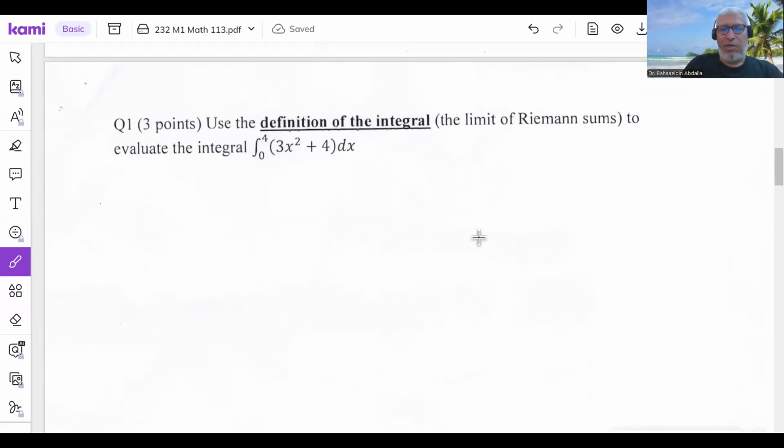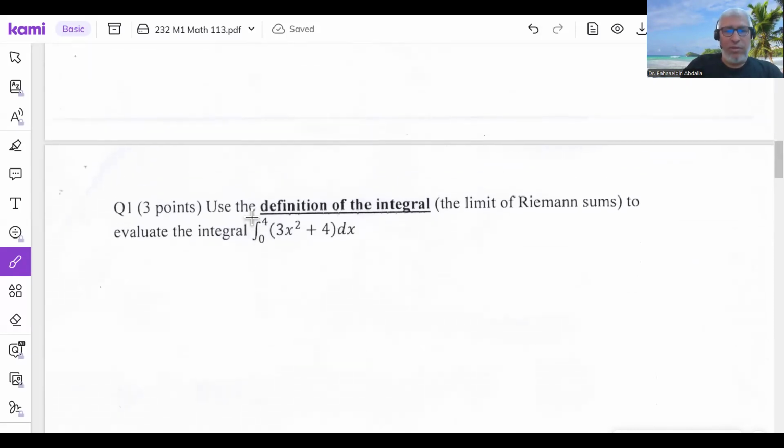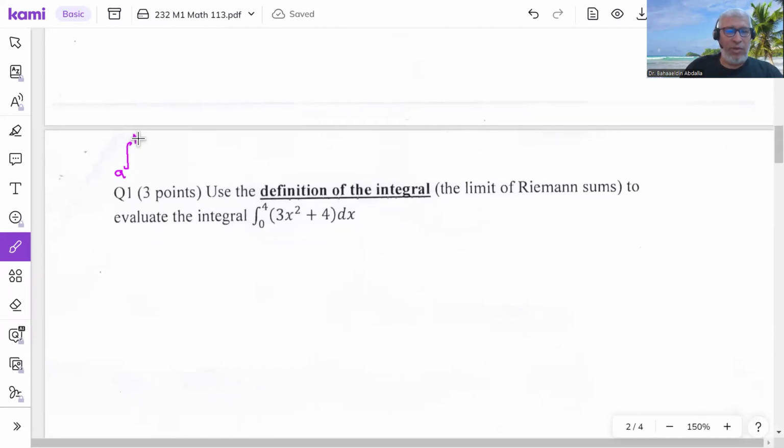Use the definition of the definite integral, the limit of Riemann sums, to evaluate this integral. Well, we know that the definition says the integral from a to b of a function f of x dx is equal to the limit when n goes to infinity of the summation i from 1 to n of f of xi delta x.